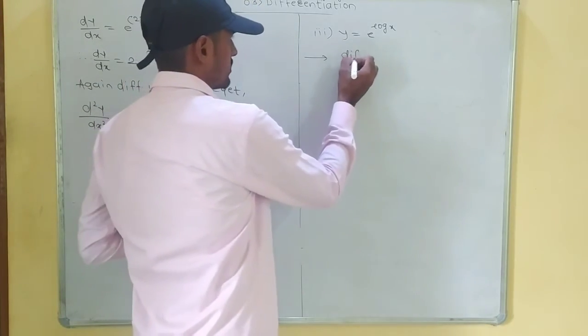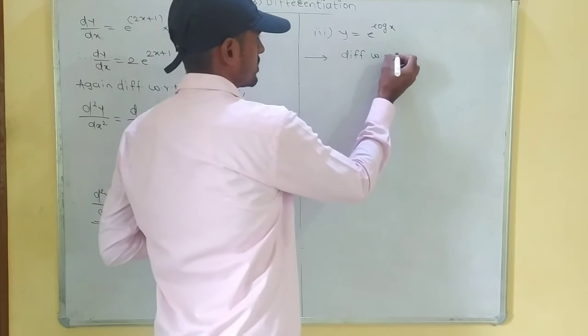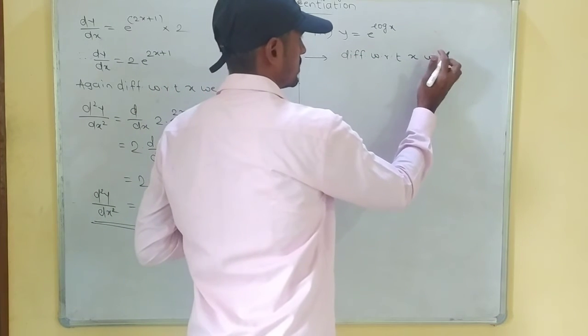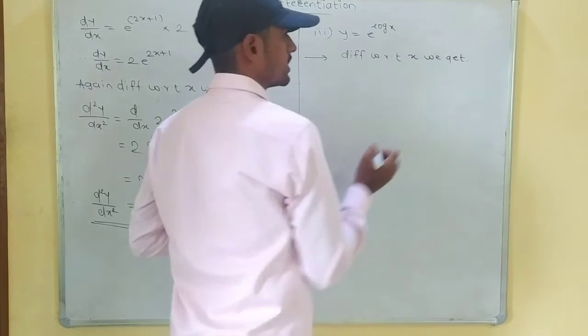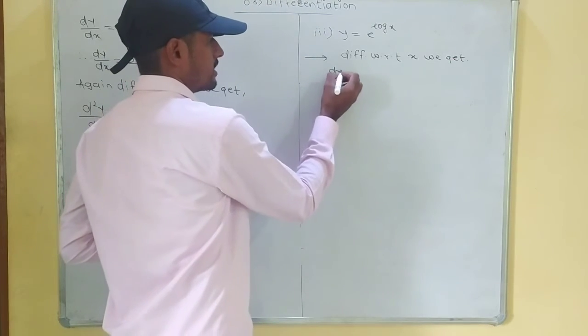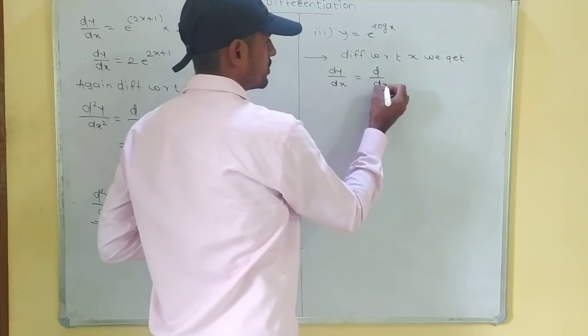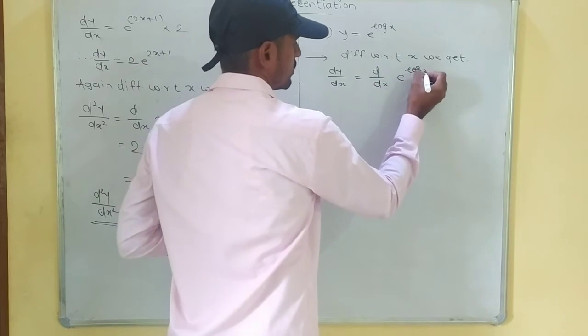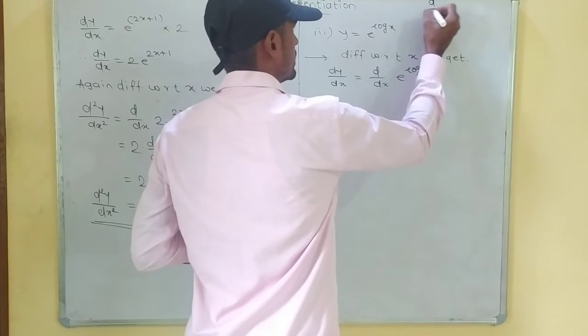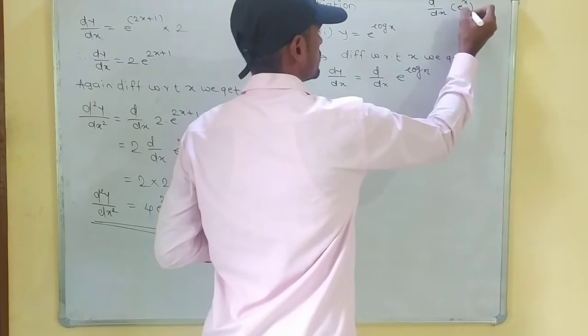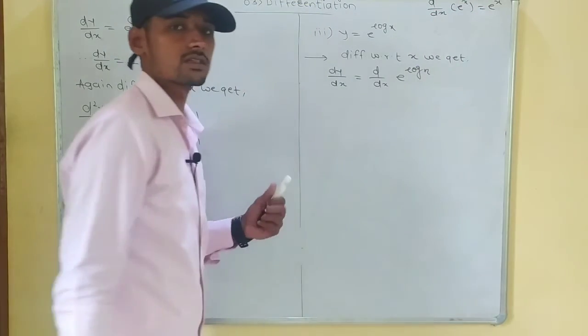So first of all, differentiate this function with respect to x. We get dy by dx is equal to e to the power anything. We know that the derivative of e to the power x is e to the power x as it is.